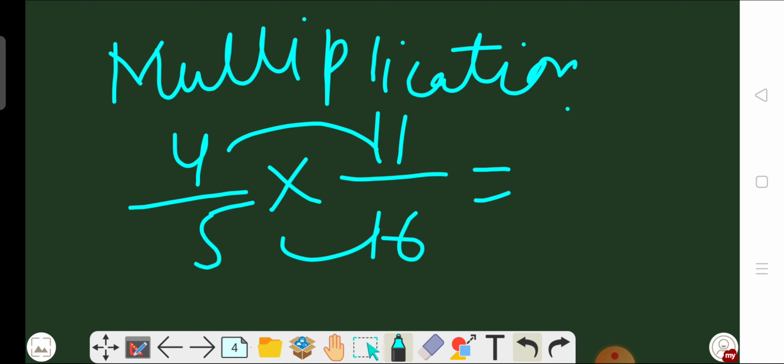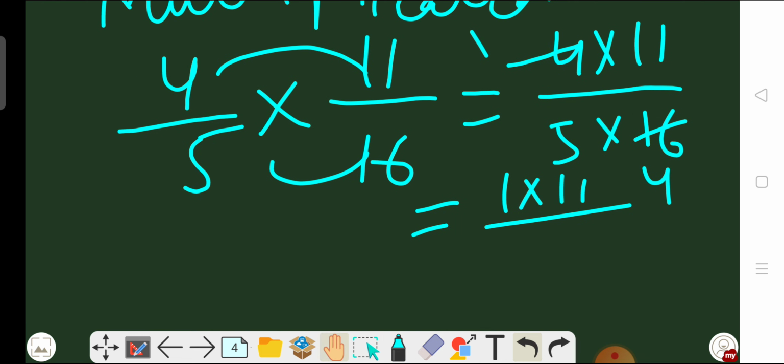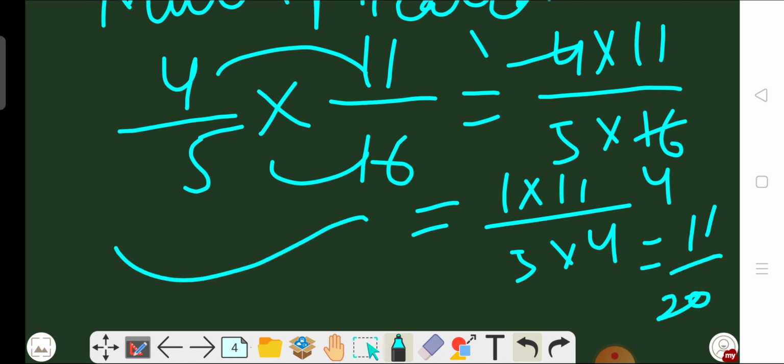So this is equal to 4 multiplied by 11 by 5 multiplied by 16. So 4 is the highest common factor between 4 and 16. After cancellation, this will become 1 and this will become 4, and this is equal to 1 multiplied by 11 by 5 multiplied by 4, and the result is equal to 11 by 20. And this is the way by which you can multiply two given fractions.